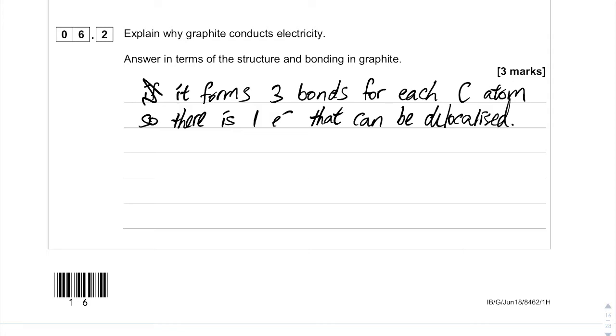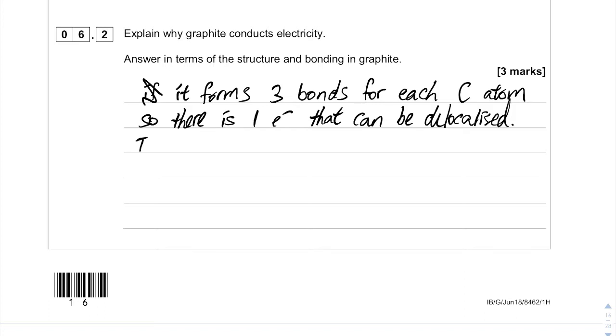It's the delocalization of the electrons that can carry the charge, carry the current. What you really need to say is that the electron can flow through the entire graphite structure.